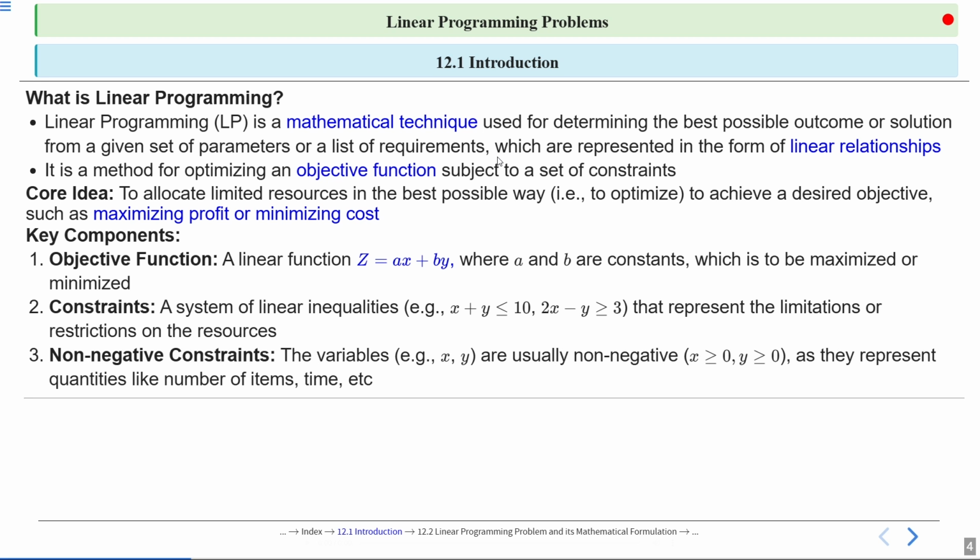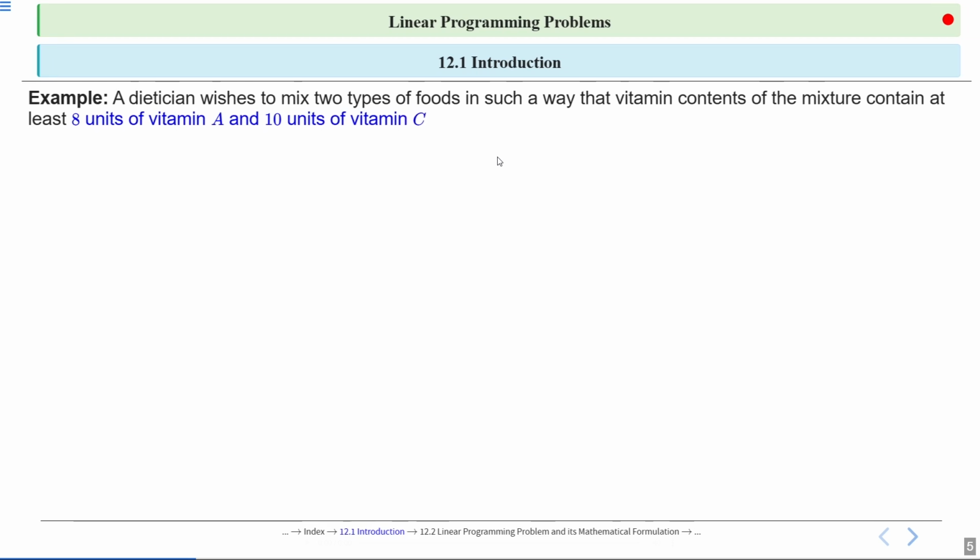So in linear programming, non-negative constraints mean variables like x and y must be greater than or equal to 0. That means x is greater than equal to 0 and y is greater than equal to 0. Since they often represent the real world quantities such as items or time.